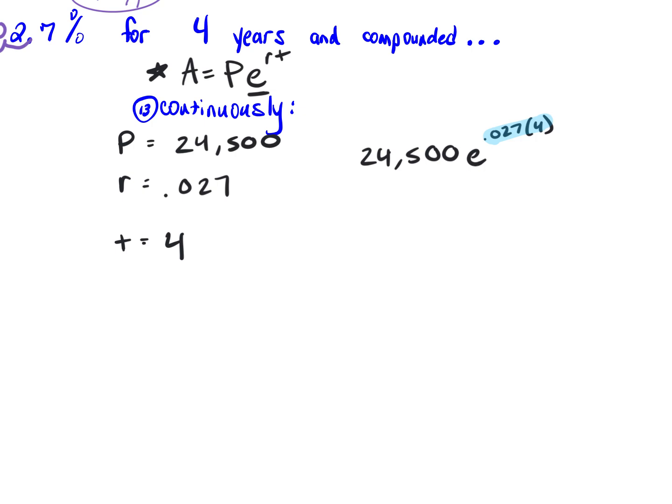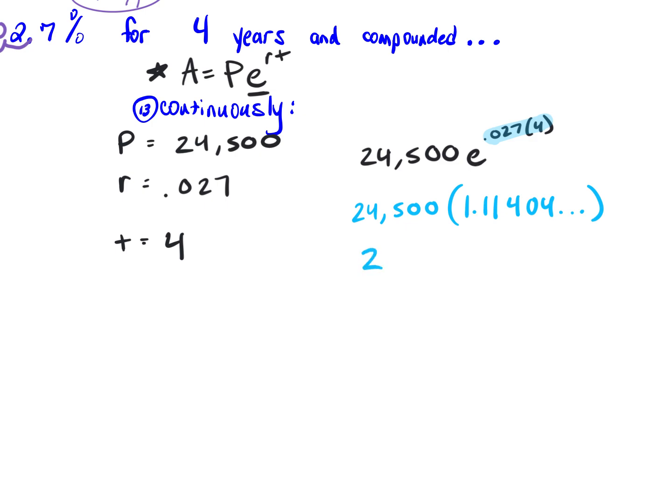Save the multiplying for the very last step. So 0.027 times 4. And then we raise E to the power of that. You should get 1.11404. It keeps going, but we're going to leave it in the calculator and multiply it by 24,500 in the last step.